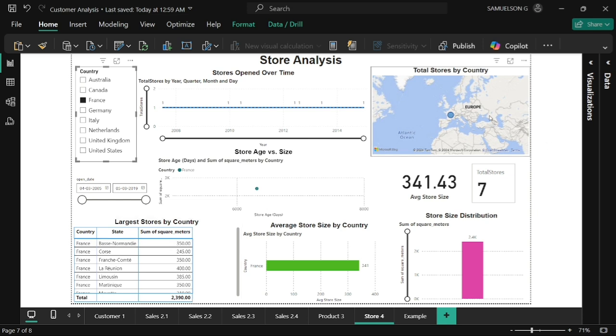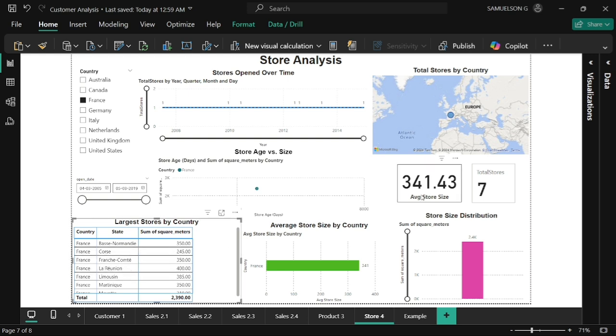The average store size is 1.4k. Okay, but in France it's totally not spacious enough. It's too small. There are 7 stores, but the average of those 7 stores is 341. It's too small a space.